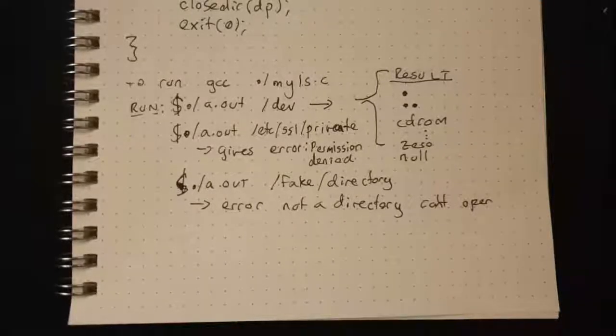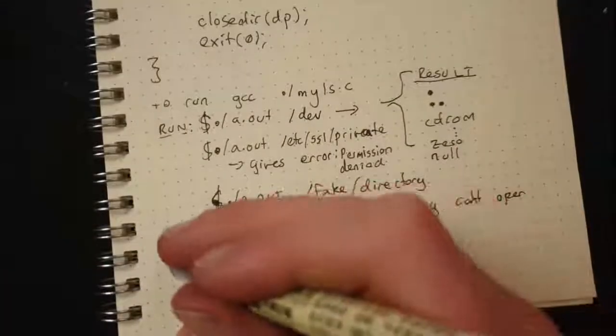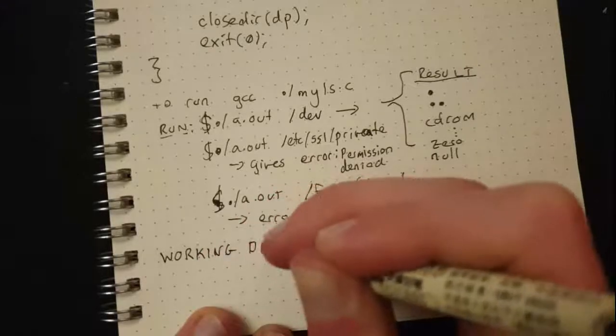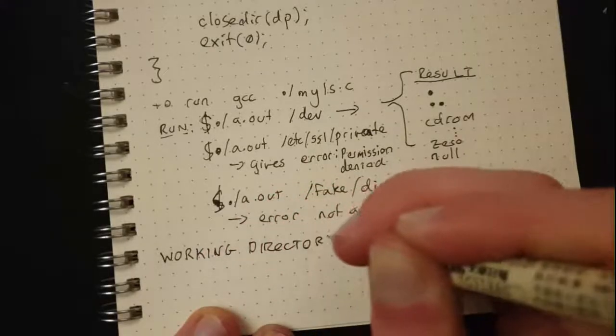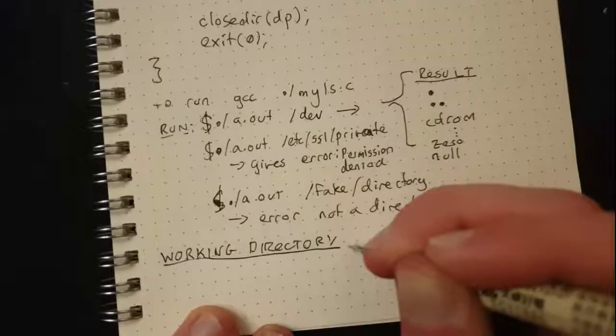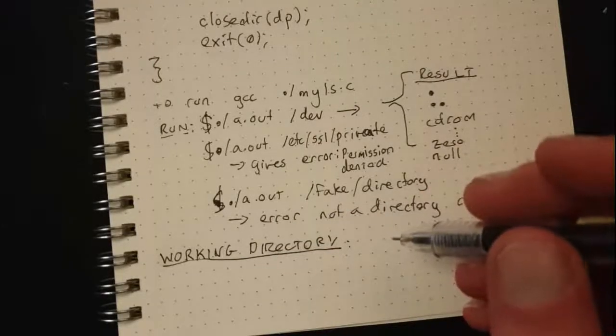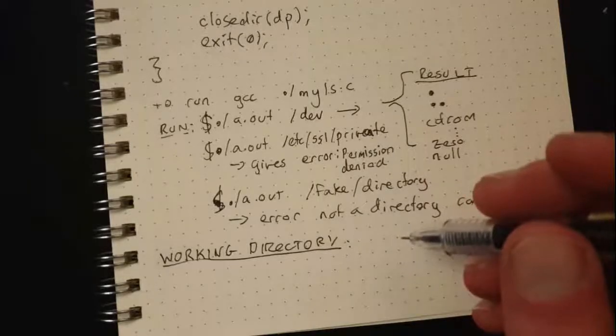Now, in the book, it basically explains what I was looking at. So, a couple notes. Working directory: that's just the folder you're currently in.